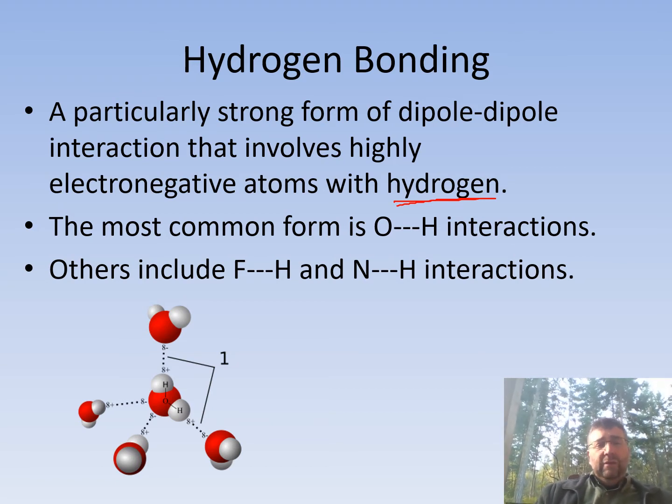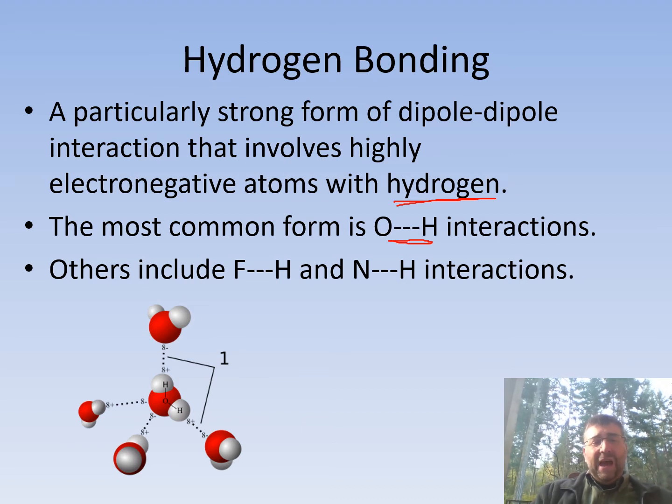And so, for instance, if a hydrogen from one molecule interacts with an oxygen that's polar from another molecule, you'll have an OH interaction. We represent this hydrogen bond with these dashed lines. So these are not true chemical bonds. Rather, they are strong dipole-dipole interactions where one molecule is interacting with another.